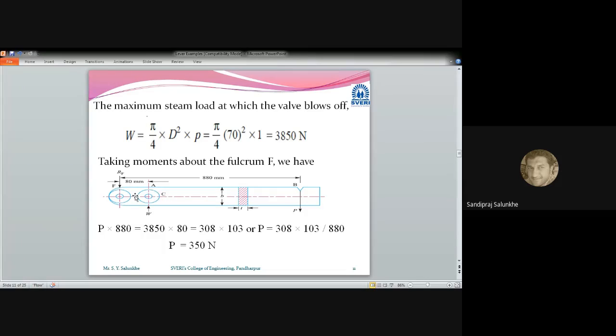That is the diameter of that boss, that we have calculated as 16 millimeter, of that pin.